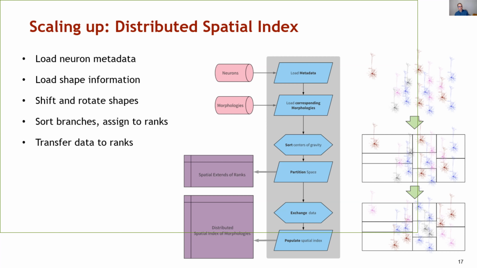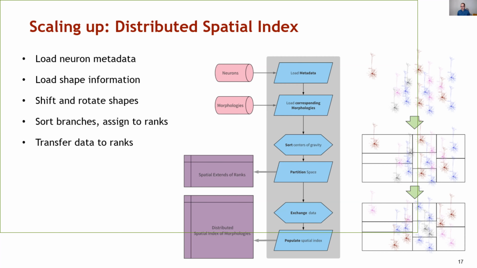So when we scale up, this is a kind of simple process actually. First, every rank loads a whole set of neurons. Then we take the coordinates of the center of neurons or the centers of branches, because taking all the cylindrical coordinates would be a little bit too much memory to sort.